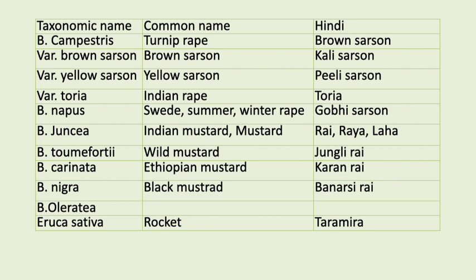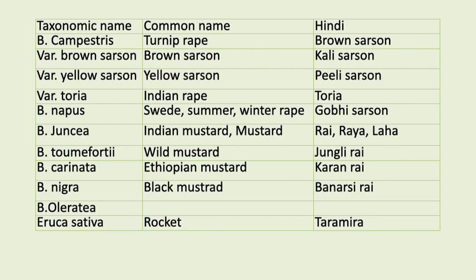Brassica campestris variety brown sarson, common name brown sarson, Hindi name is kali sarson. Variety yellow sarson, common name yellow sarson, Hindi name peeli sarson. Variety Toria, Indian rape or Toria. Brassica napus, Swede, summer, winter rape, Hindi name is Gobi sarson.